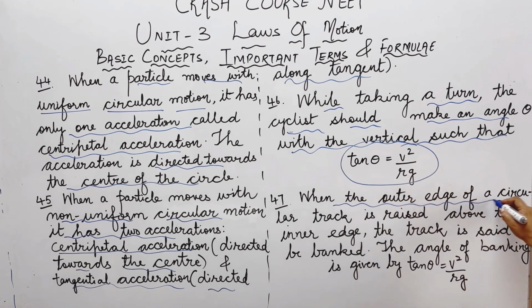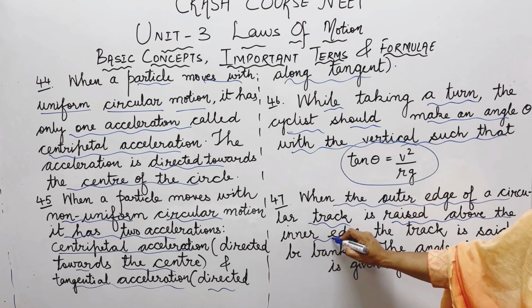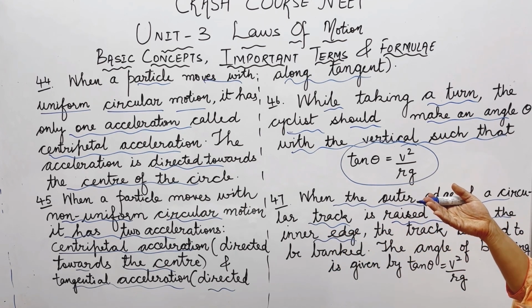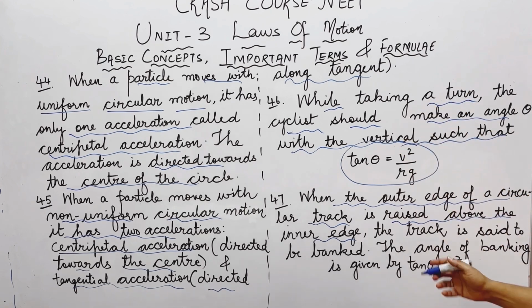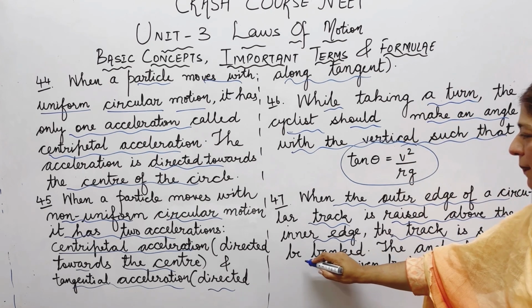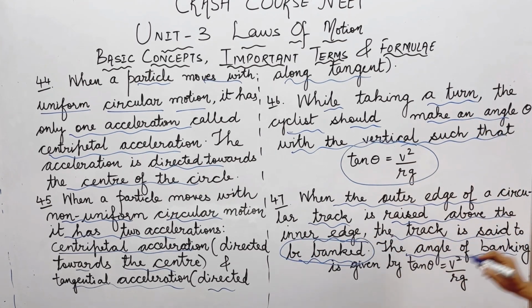When the outer edge of a circular track is raised above the inner edge, the track is said to be banked. This type of track is called a banked track, and the angle of banking is given by the same formula, tan theta equal to v square upon r g.